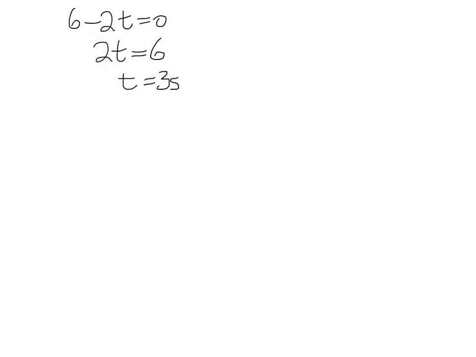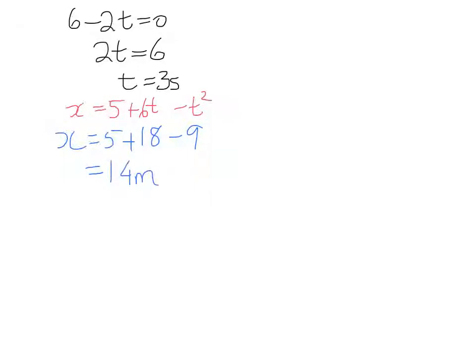The question was to find the maximum displacement to the right of the origin, so we substitute that back into our expression for displacement, 5 plus 6t minus t squared, because we know maximum displacement occurs when t equals 3. So x equals 5 plus 6 times 3 minus 3 squared. So our max displacement ends up being 14 metres to the right.